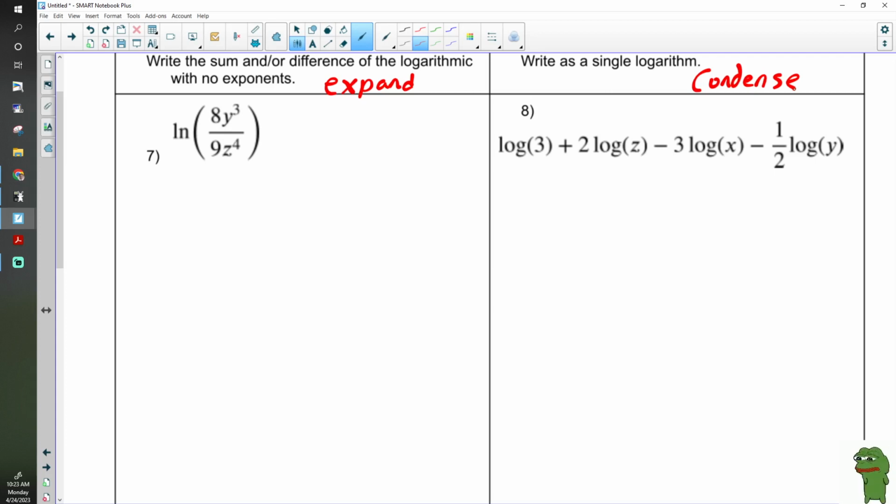Okay, we're in number 7. I made a problem that has all of the properties so we get to see and practice them all. So when I first look at this, what's happening? There's division. So we're going to rewrite this as two separate ln's being subtracted because it's division. So the ln of the top.